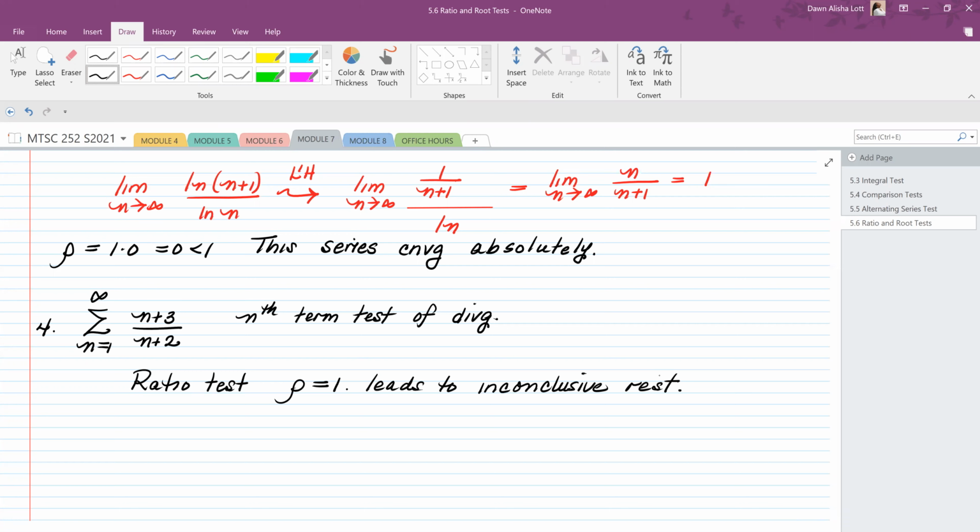Okay, so I have a whole bunch of problems we can solve, but the next one is going to be the root test.